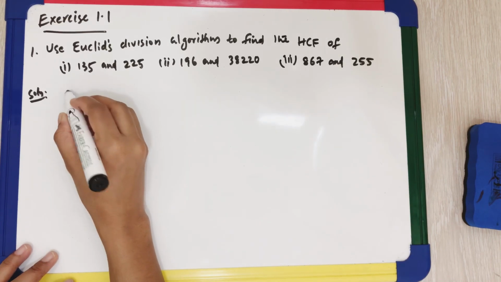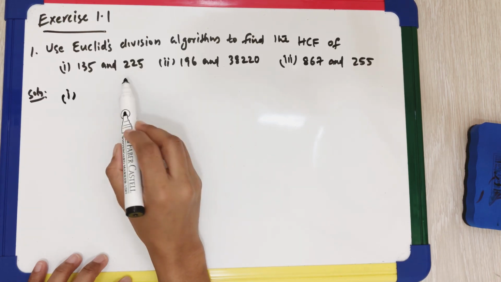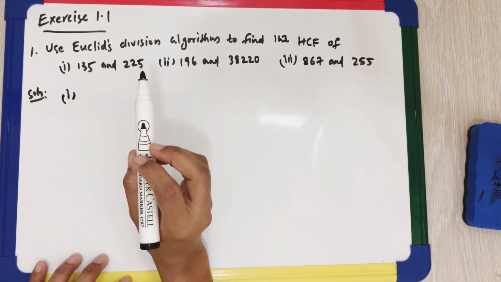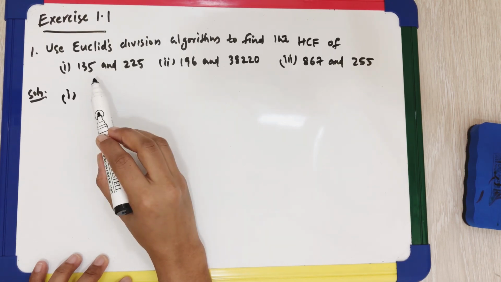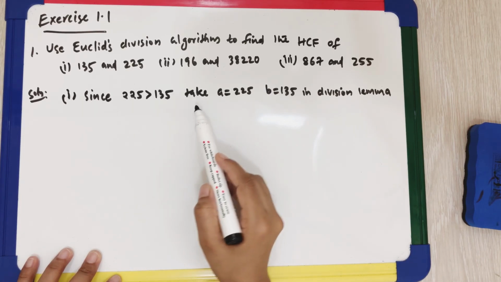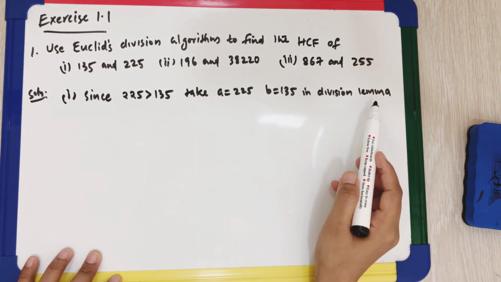First one, to find the HCF of 135 and 225, here 225 is greater than 135. So we can apply Euclid's lemma by taking a equal to 225 and b equal to 135 in the division lemma.